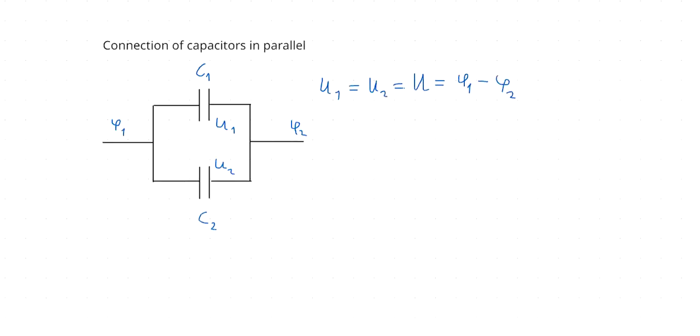Let's imagine that when we charge our system, it takes charge Q, and part of this charge, Q1, will go to the first capacitor, and the second part will go to the second capacitor.